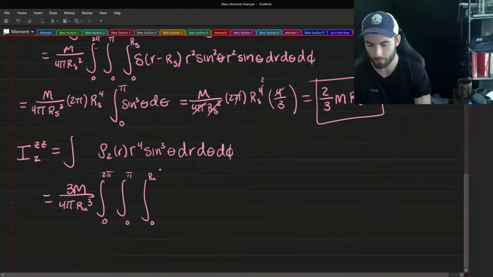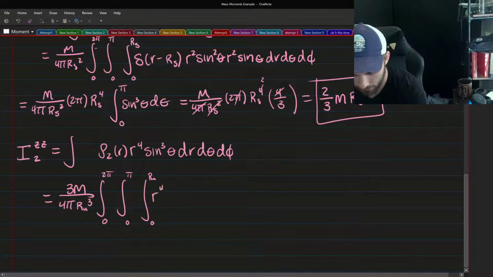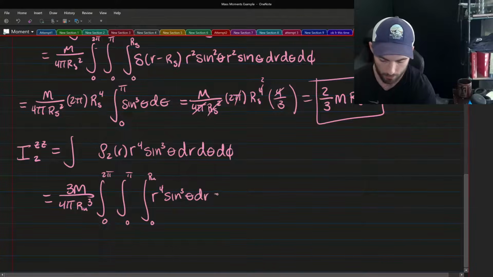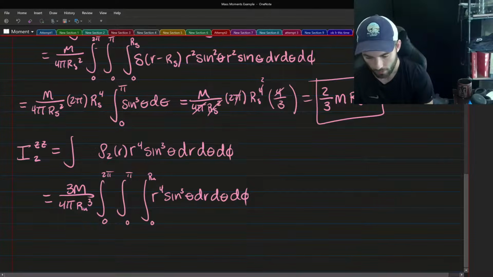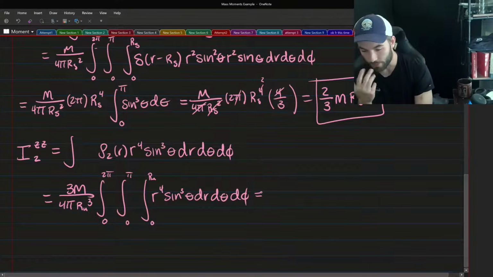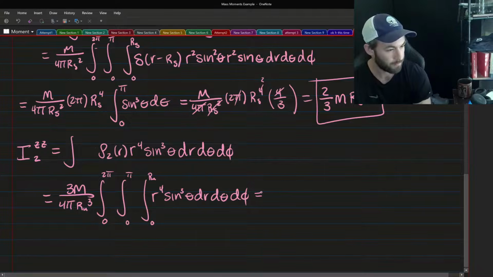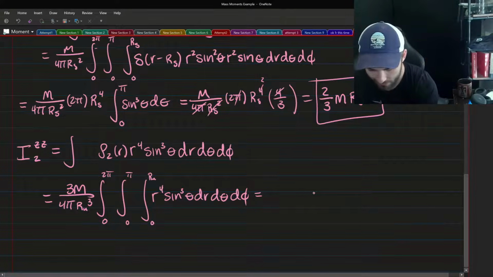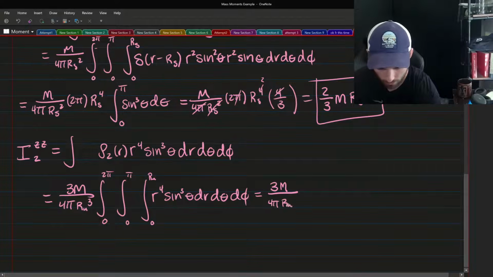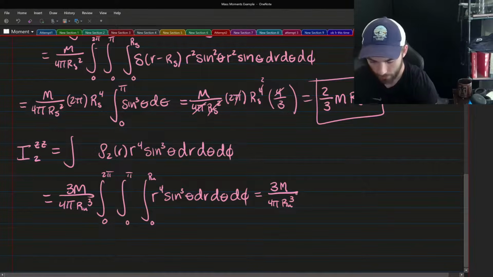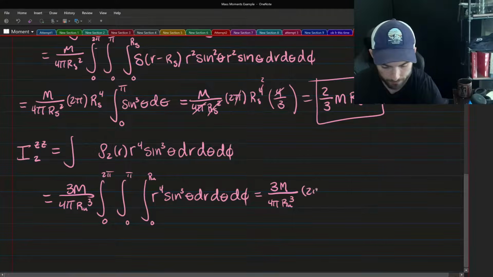Okay, we've already factored out the mass density, so now we just have this fun little integral, r to the fourth sine cubed theta dr d theta d phi. And we can do all of these right away. Maybe it's clearer to not do them all at once, though. So we'll just do the angular ones first. 3M over 4 pi R_u cubed. The phi integral gives us a 2 pi.